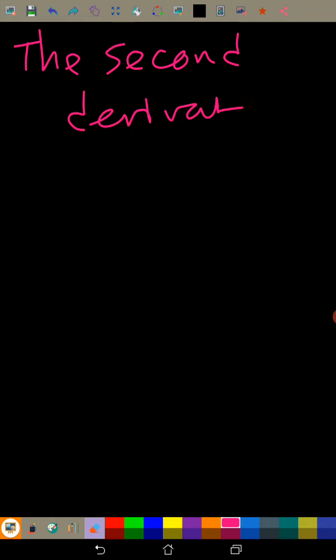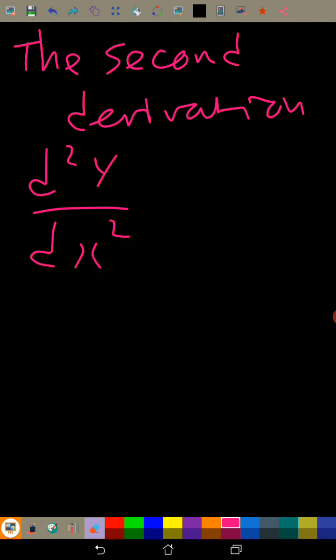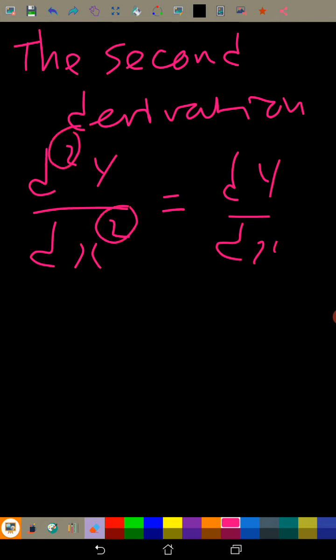Right now we're learning about differentiation and we have reached the point where we are going to do the second derivative. So the second derivative is denoted like this. Remember that the first derivative was just dy by dx, and now we have this power thing.